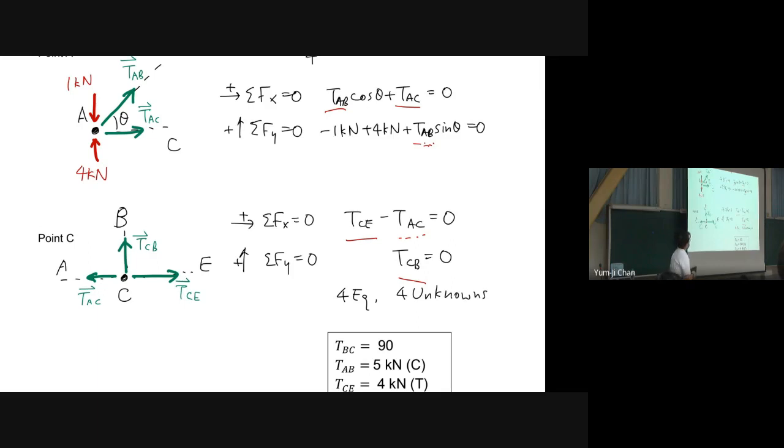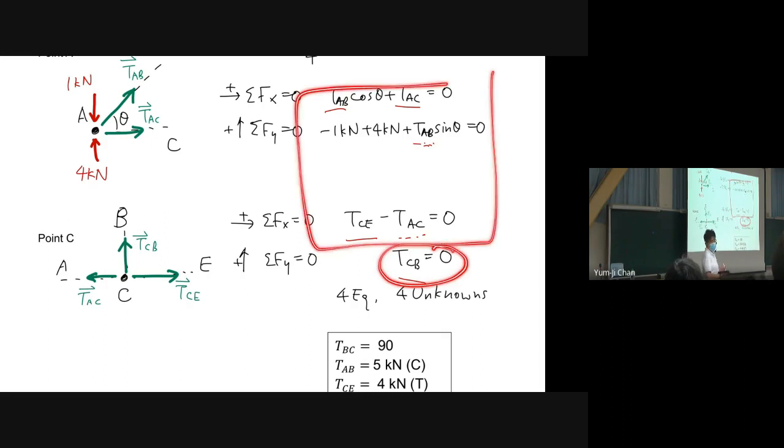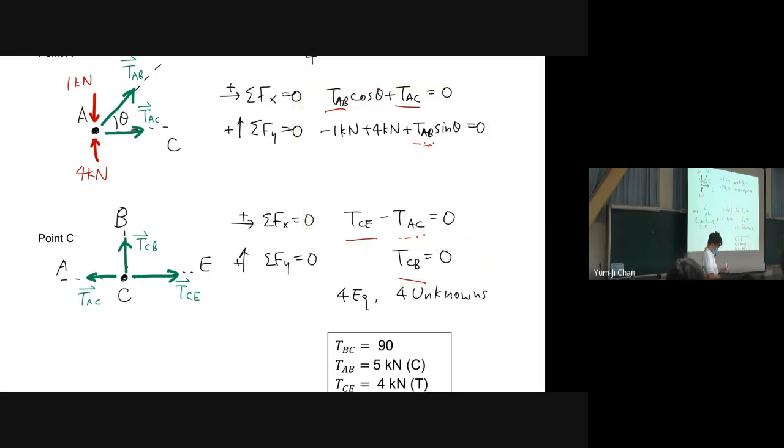You should be able to solve it. Of course TCB is equal to 0, and for the other 3 you can use the determinant method from high school, x1 equal to this kind of thing.